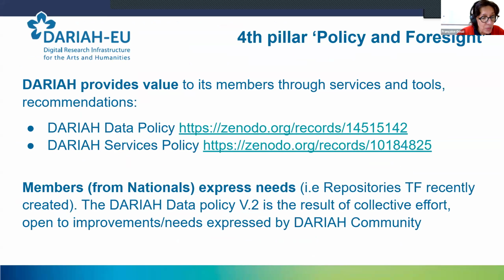Some of our strategic policy documents are placed within this 4th pillar, policy and foresight. We have 2 policy documents that matter for us today: data and services policy. This document brings coherence in the DARIAH services and data offer to provide recommendations on how to be visible on the European map.